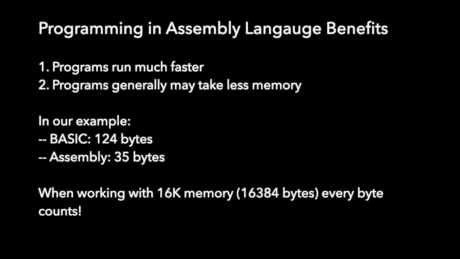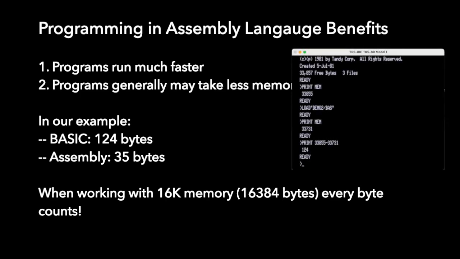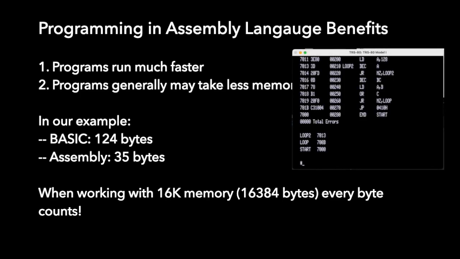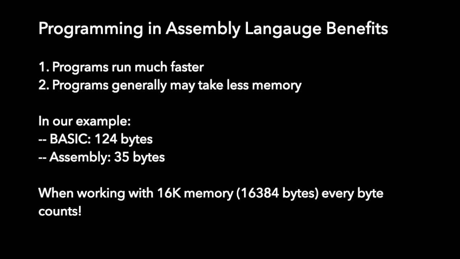Some of the benefits of programming in assembly language are that programs will run much faster and programs generally may take less memory. In our example, our BASIC program takes 124 bytes versus our assembly language program once compiled takes 35 bytes. And when you're dealing with a machine that has maybe 16K of memory, every byte counts.